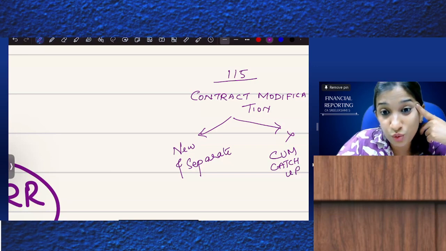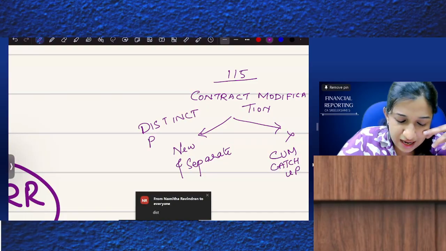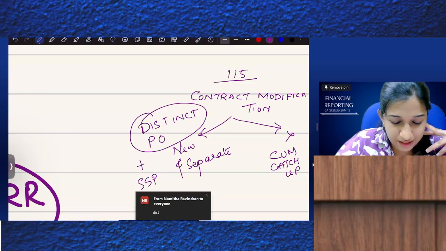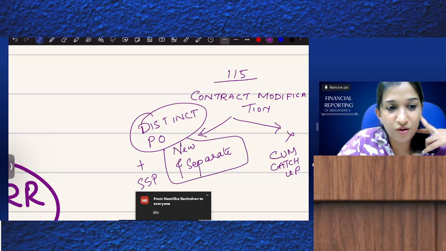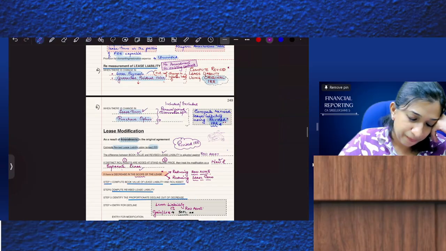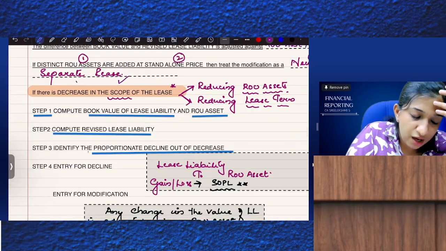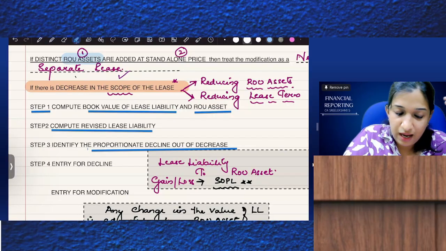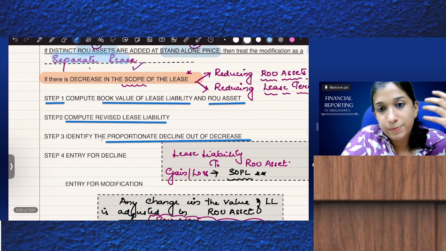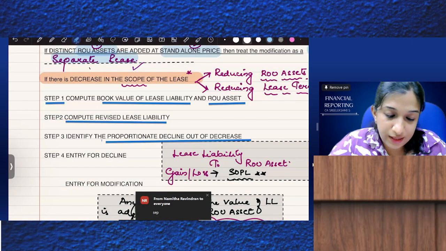When do we treat it as a new contract? When distinct performance obligations are added at SSP, standalone selling price, then it is a new and separate contract, or else cumulative catch-up basis. Same thing. What is given here? If distinct ROU assets are added at standalone price, then the modification should be treated as a new and separate lease.